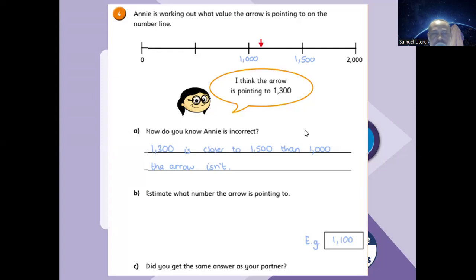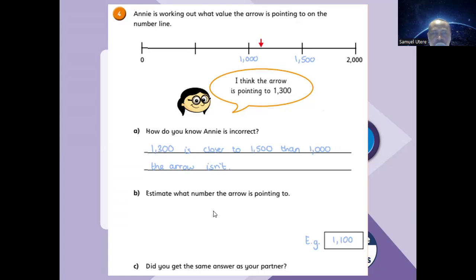So the arrow is in the wrong position. 1,300 should be closer to the other part of that number line between 1,000 and 1,500.